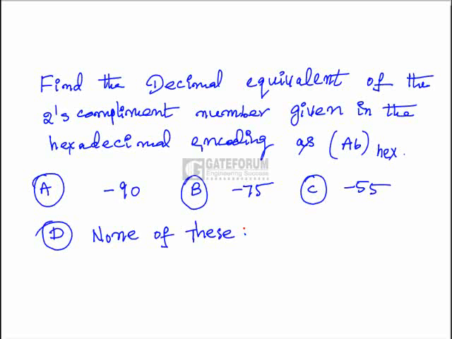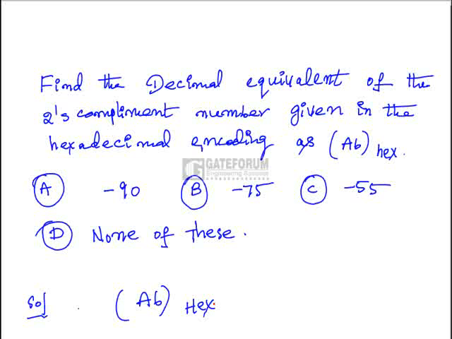The decimal equivalent of the 2's complement number given in hexadecimal encoding as A6. We need to find the decimal equivalent of this. So here A6, given in hexa, is a 2's complement number. That means usually negative numbers are in 2's complement.